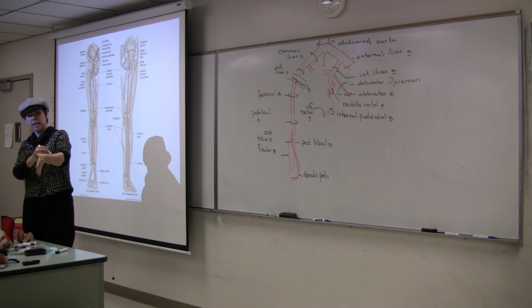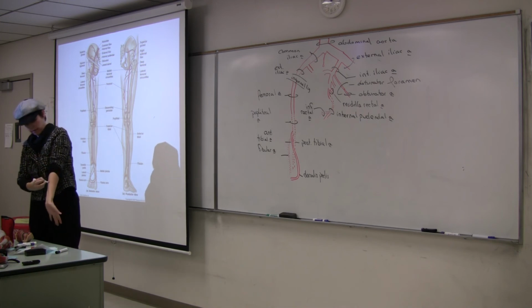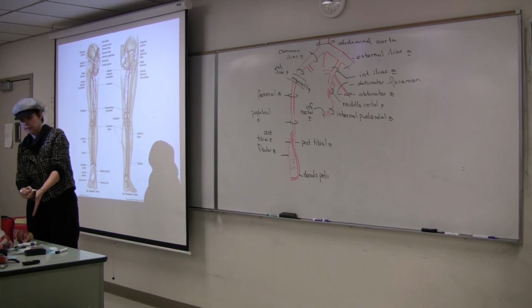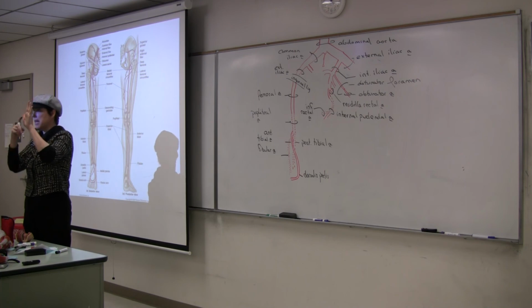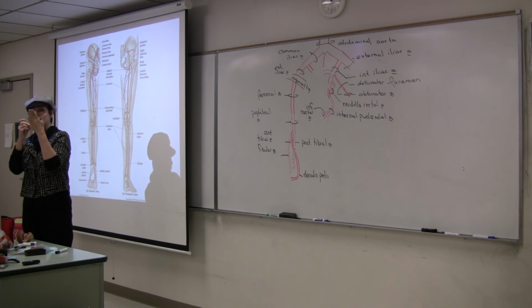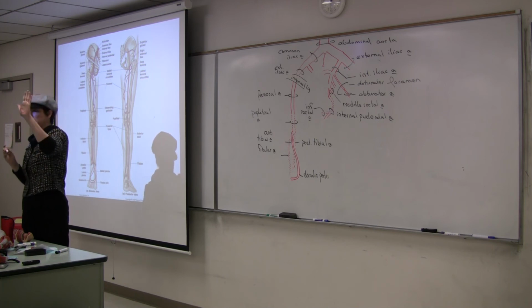So coming down the back of the leg, the posterior tibial artery goes around the medial side of the ankle, onto the foot, to the big toe. That's the medial plantar artery. And then also branching off of the posterior tibial artery and going to the little toe is the lateral plantar artery.